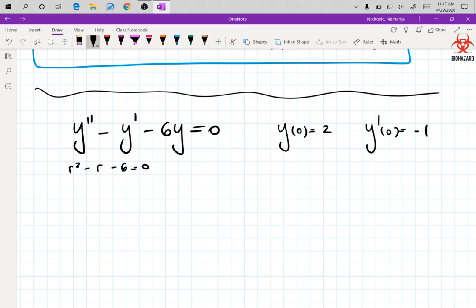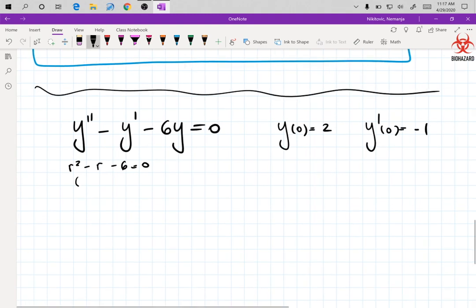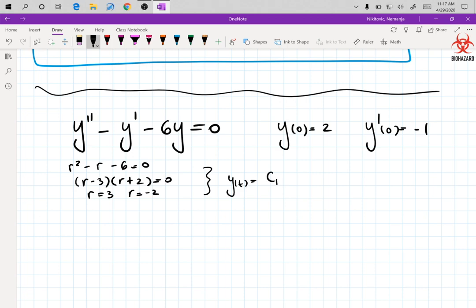Then you factor this and get (r minus 3)(r plus 2) equal to 0. You get r is 3, r is negative 2, and that gives you the solution y of t equals c1 e to the 3t plus c2 e to the negative 2t.